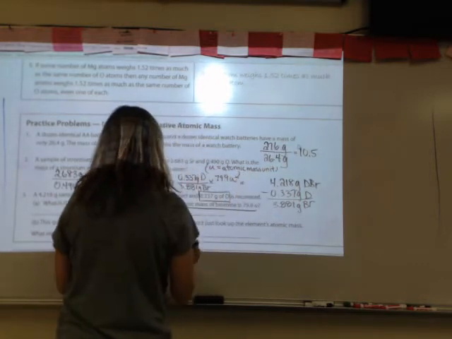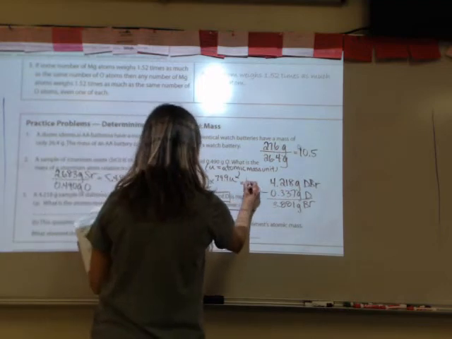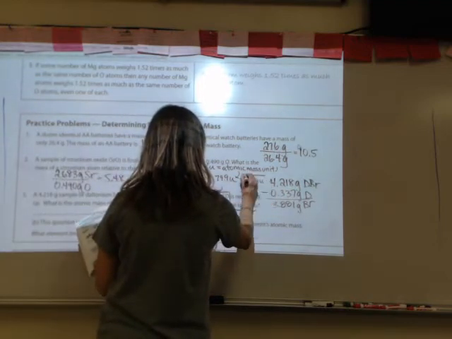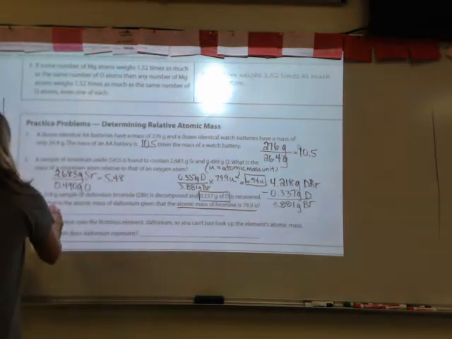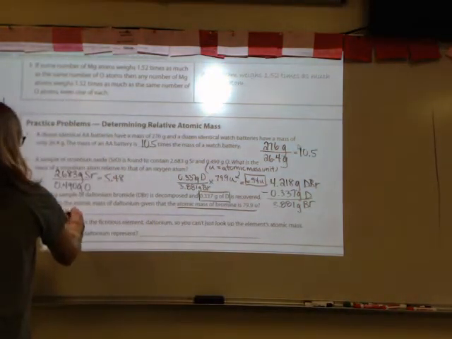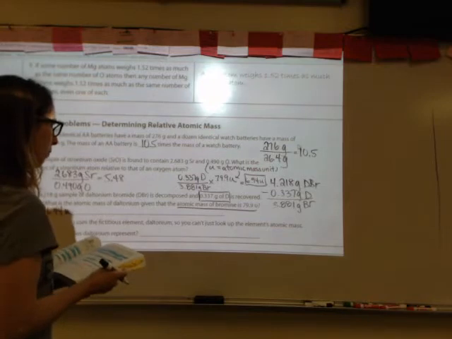And that will end up giving me 6.94 U. So that is how you get 6.94 for daltonium.